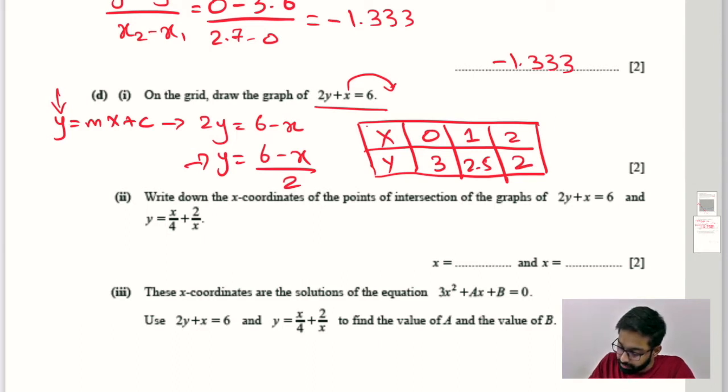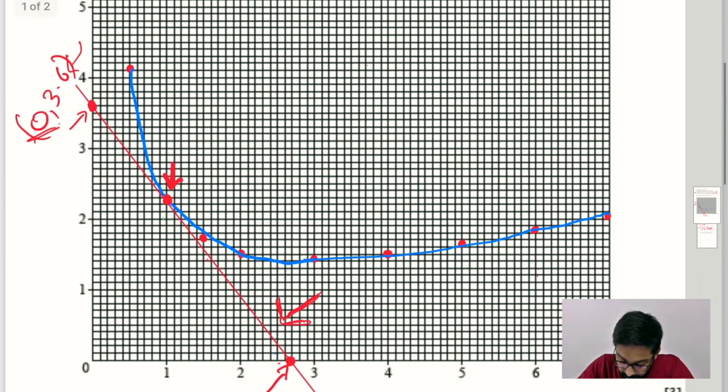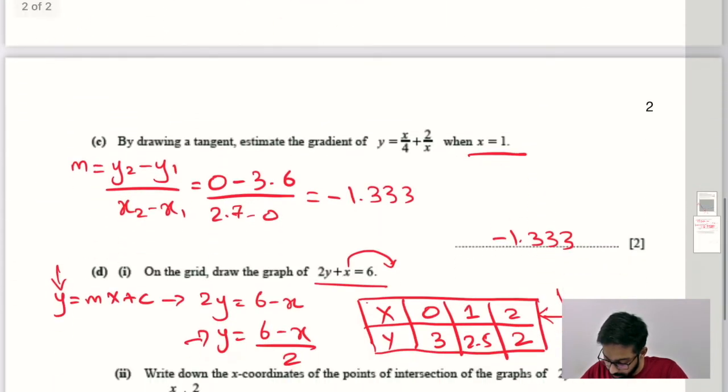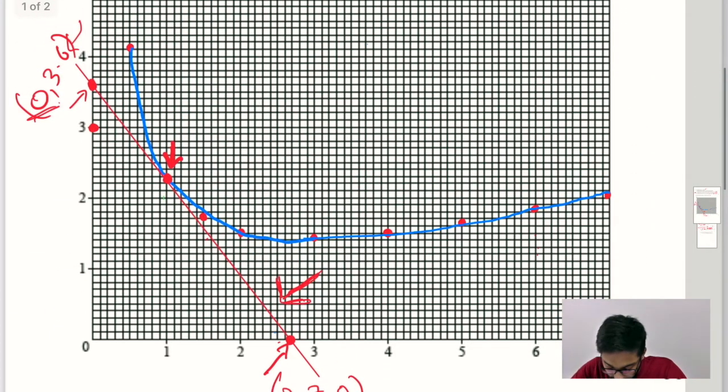Now we have these values of this line. Let's plot these values first and then draw the graph of this equation that we have. So 0 and 3. The first point is going to be there. The next point is 1 and 2.5. So 1 should be in the middle of 2 and 3. 1 is right there.